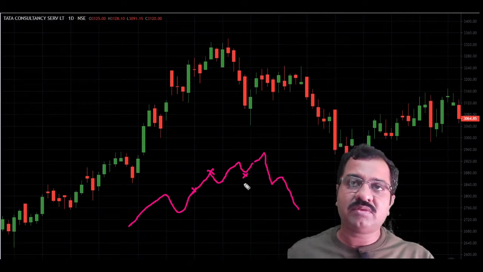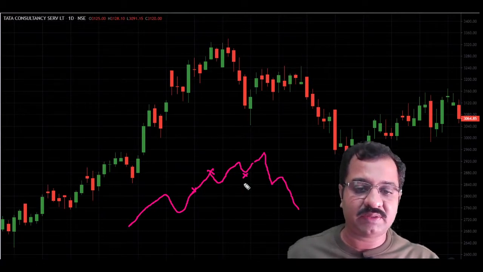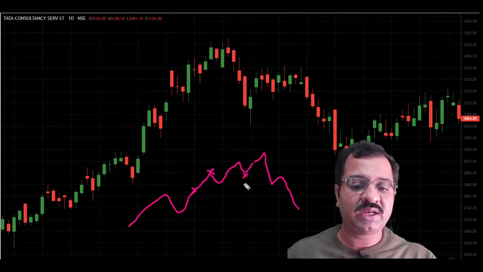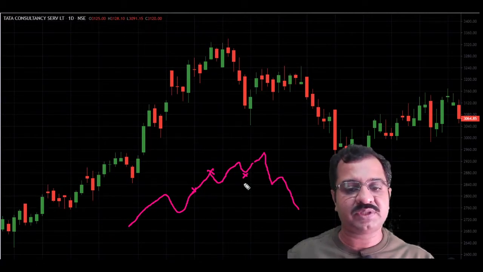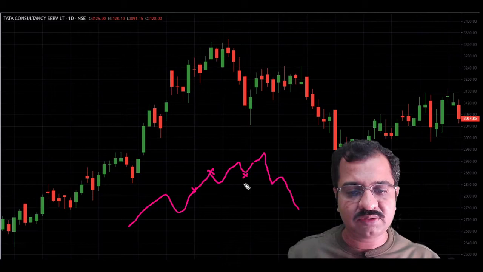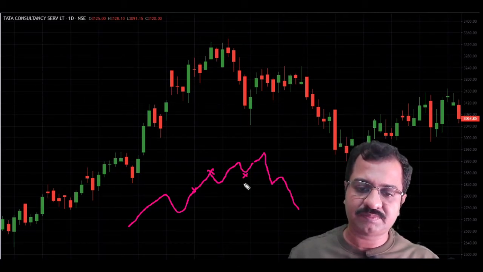Okay, so here one candle represents one day, because this is daily time frame chart. If I see weekly chart, one candle represents a week. If I see 5 minutes chart, one candle represents 5 minutes.